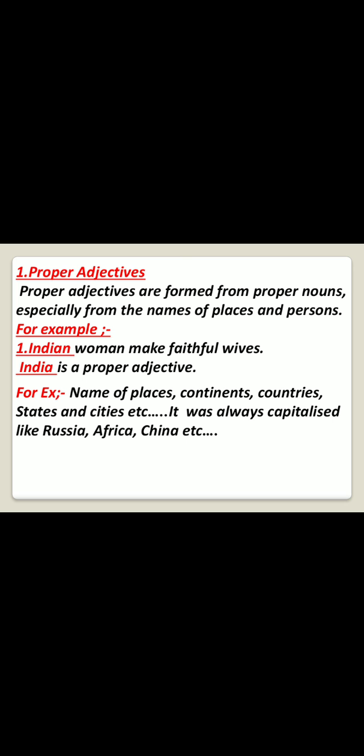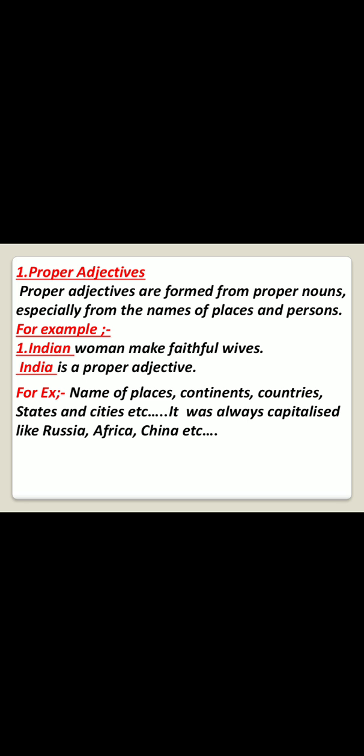Come, let us see. Number 1, proper adjectives. Proper adjectives are formed from proper nouns, especially from the names of places and persons, etc. For example, Indian women make faithful wives.